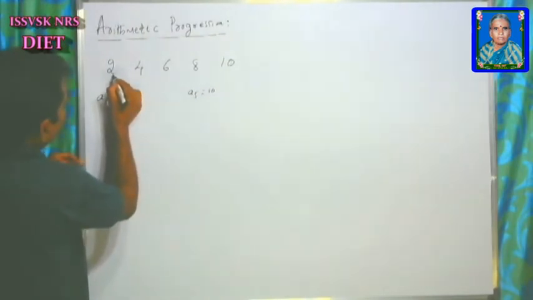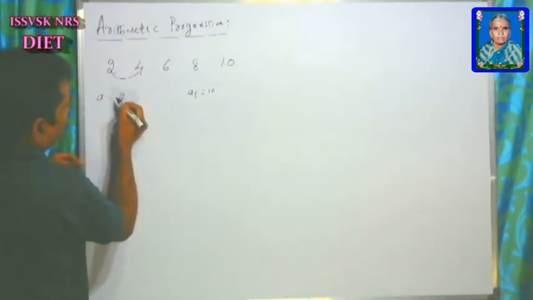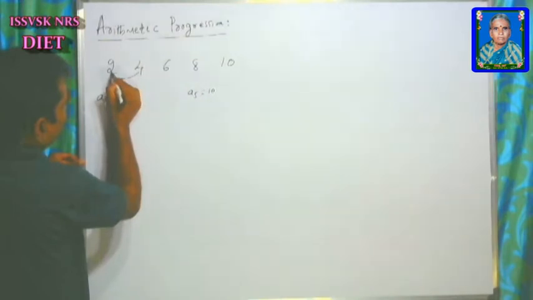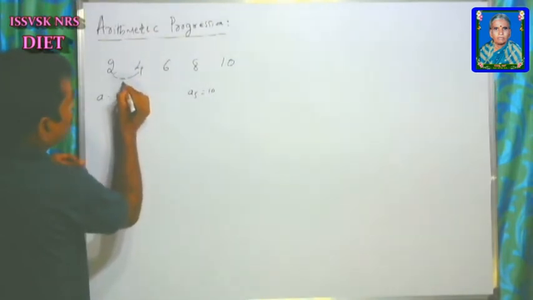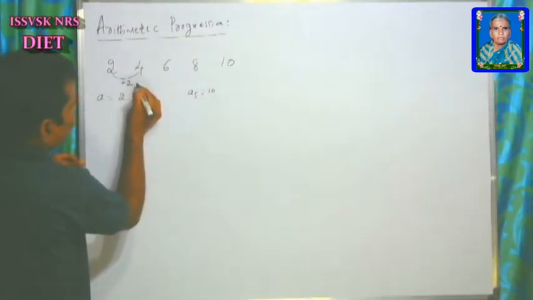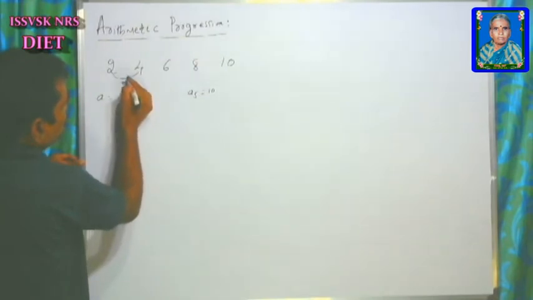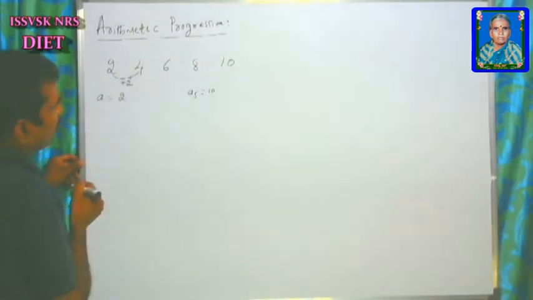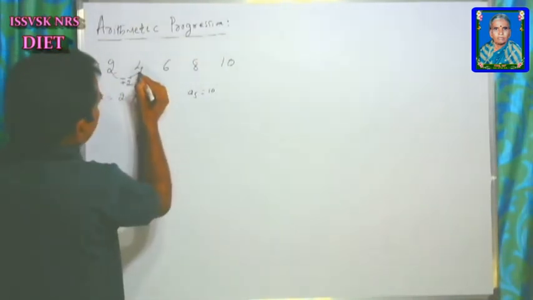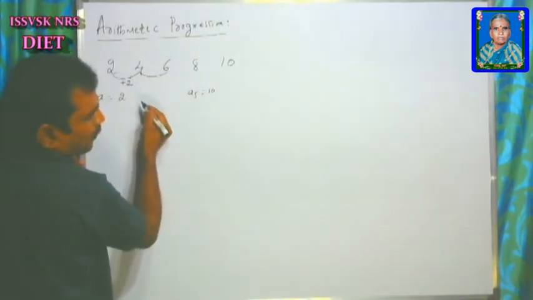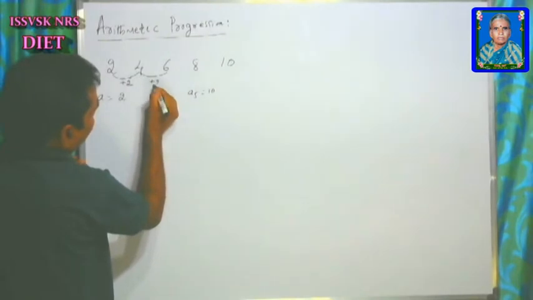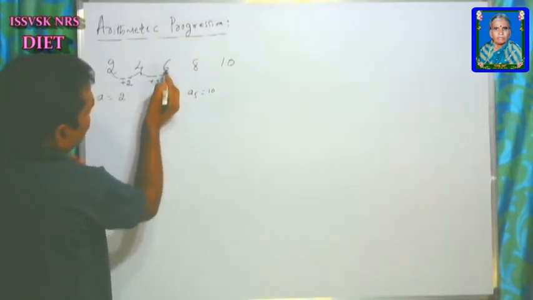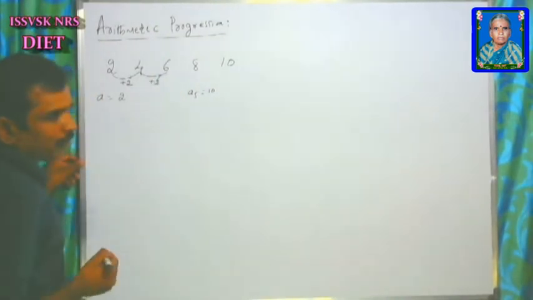The difference between the first and second term, in other words, second term minus first term, is equal to plus 2. 2 plus 2 is equal to 4. The difference between the second and third terms, that is 6 minus 4, is plus 2. 4 plus 2 is equal to 6.